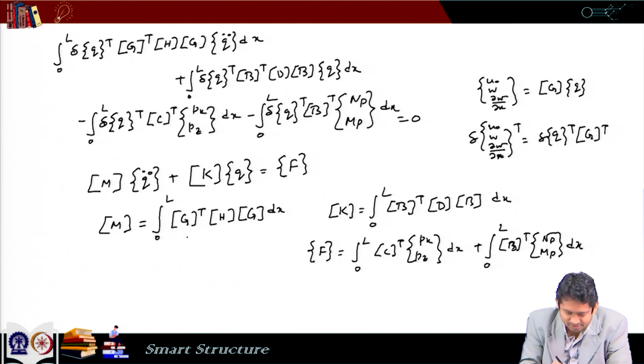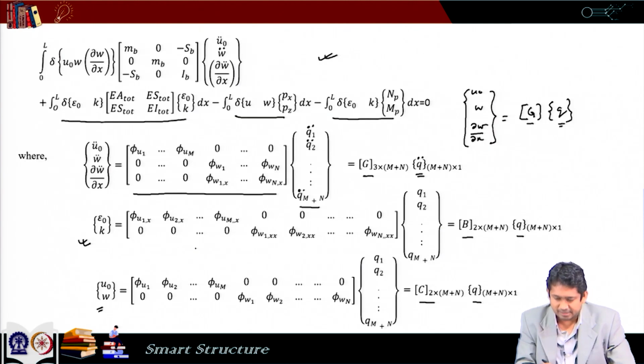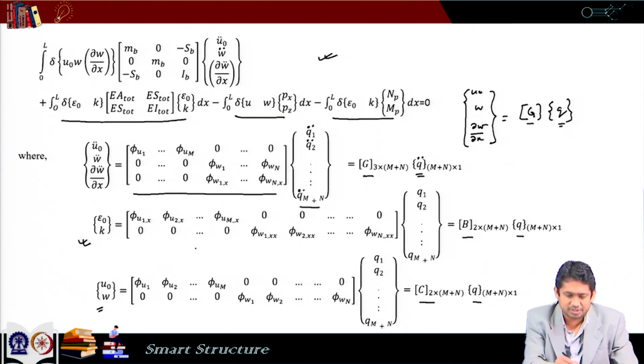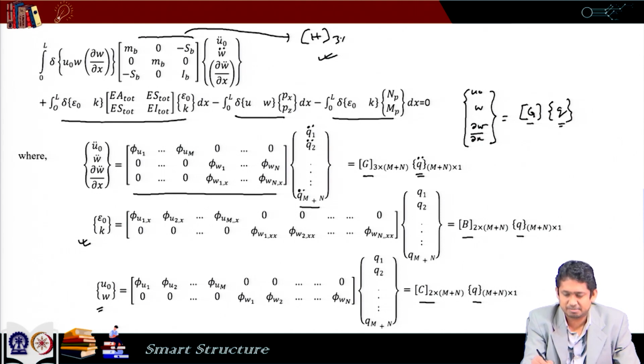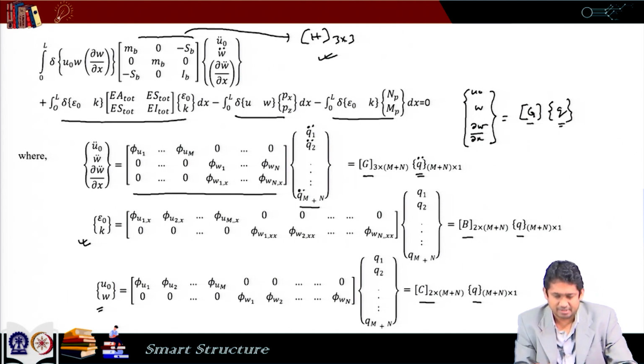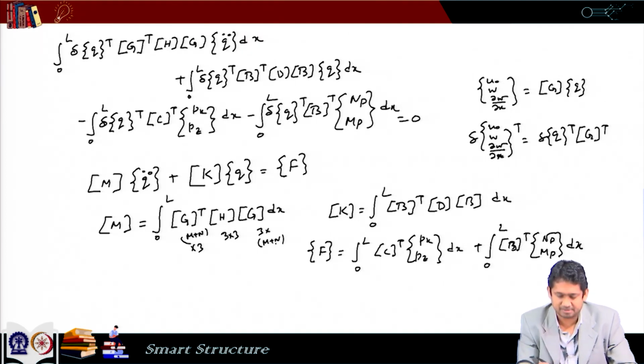So, G transpose is m plus n by 3. The H matrix is a 3 by 3 matrix. This matrix, let us term that as the H matrix. So, it is a 3 by 3 matrix, and then the G matrix is 3 by m plus n.